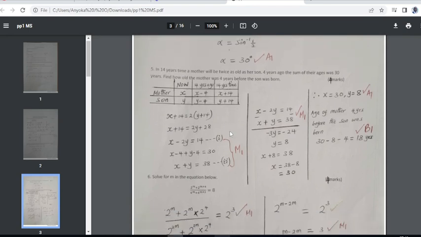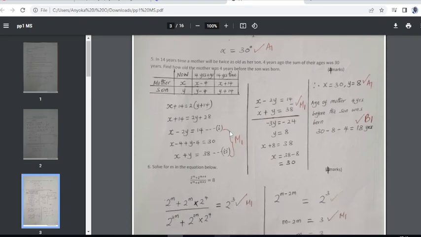Question 14 has many approaches, but let us see. This one looks like it is linear equation. We form equations, then we solve. In 14 years' time, a mother will be twice as old as her son. 4 years ago, the sum of their ages was 30 years.